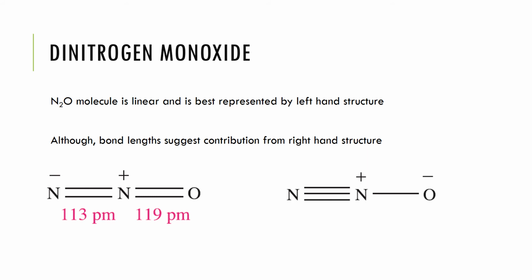Although what's really interesting is that if you take some measurements of the nitrogen-nitrogen and nitrogen-oxygen bond lengths, you find that the nitrogen-nitrogen bond is about 113 picometers, and the nitrogen-oxygen bond is about 119 picometers. So whilst we represent that on a page by the left-hand structure, the bond lengths would actually suggest a triple bond between the two nitrogens and a single bond between the oxygen and the nitrogen.